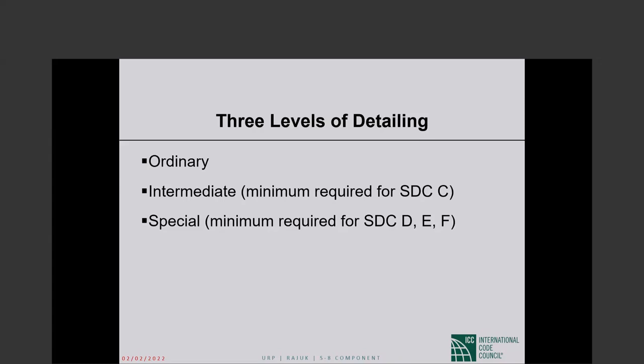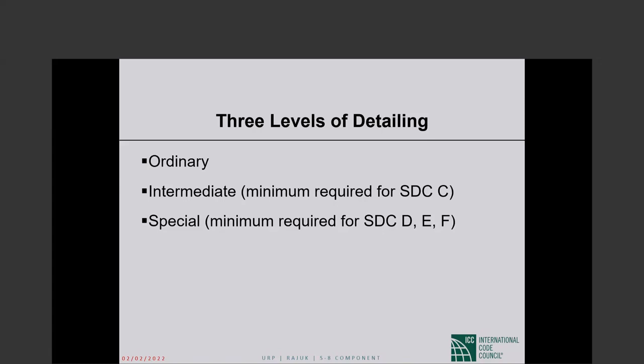So a structure assigned to seismic design category A does not require any seismic design, period. A structure assigned to design category B requires only ordinary detailing. However, here we will allow the higher levels of detailing if the engineer wants to do them, and he can benefit from the higher R values and lower strength levels.